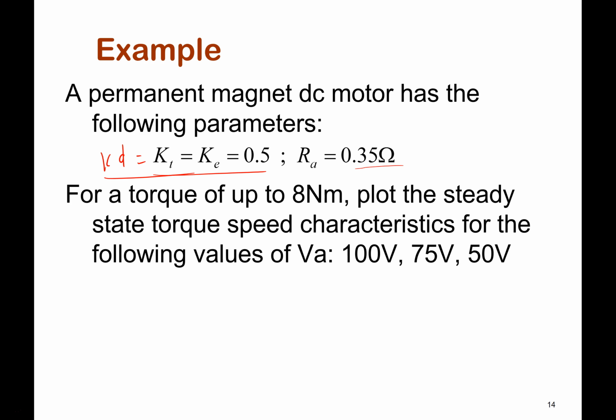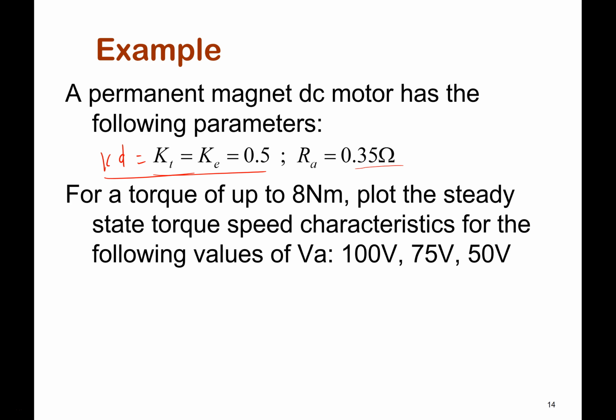This would essentially be the same as a separately excited motor, because the field is not being excited by the power supply in any way. The field in this case comes from permanent magnets, which means they are not controllable in the way that an electromagnet would be. So we have no field current in this case.